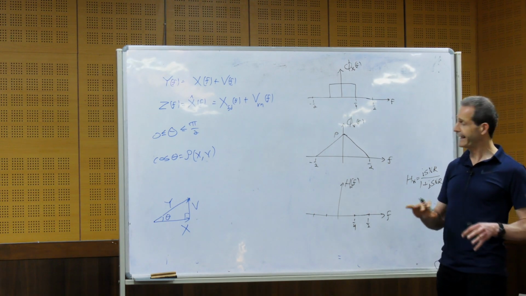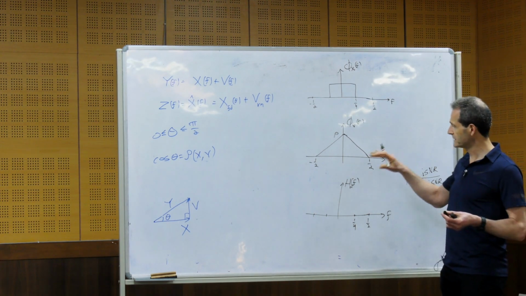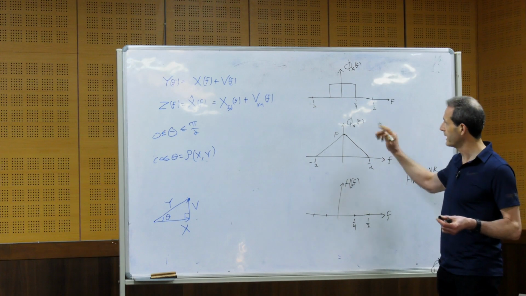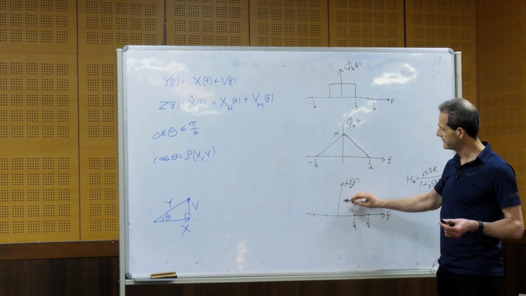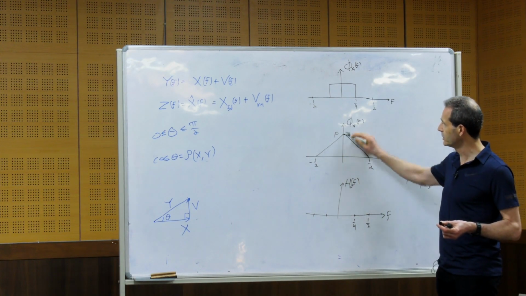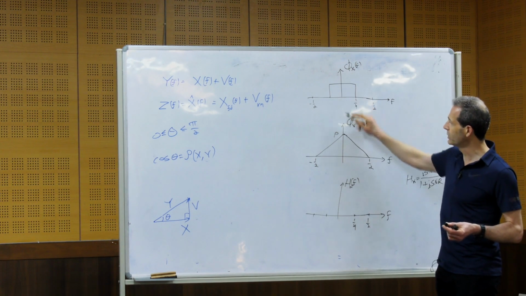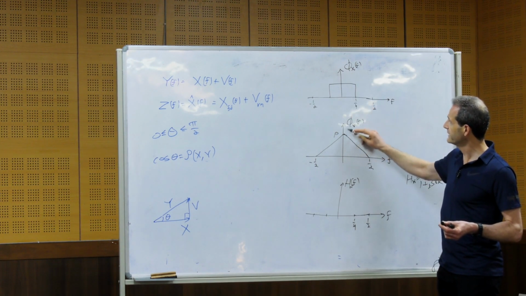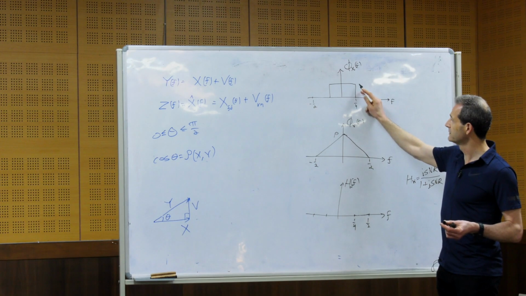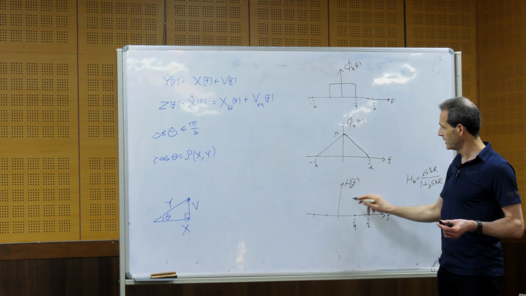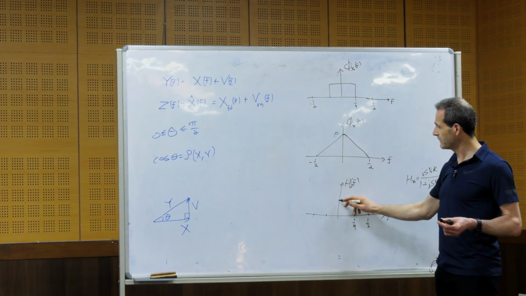But any gain, when the input SNR is high, will be higher. So at this point, for 0, the SNR is lower, and it increases when we come here. So it can be something like that.